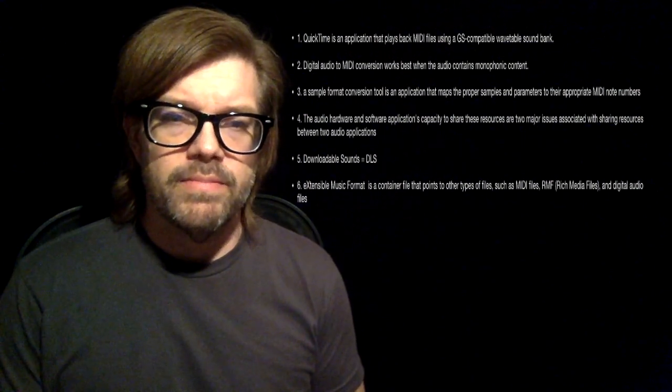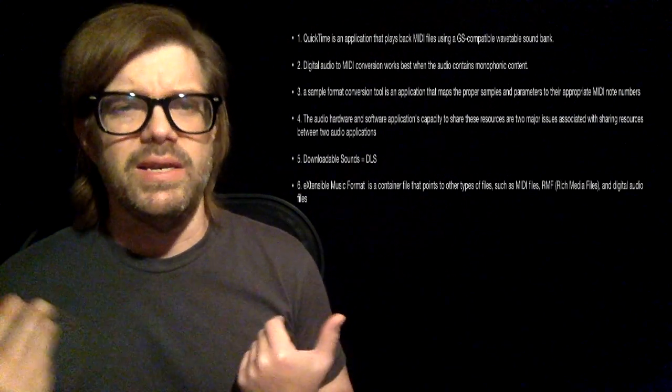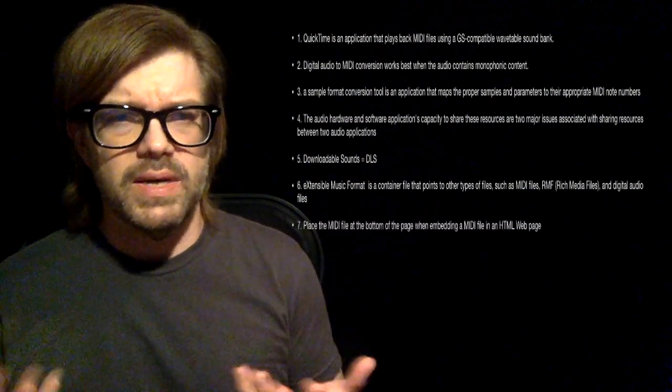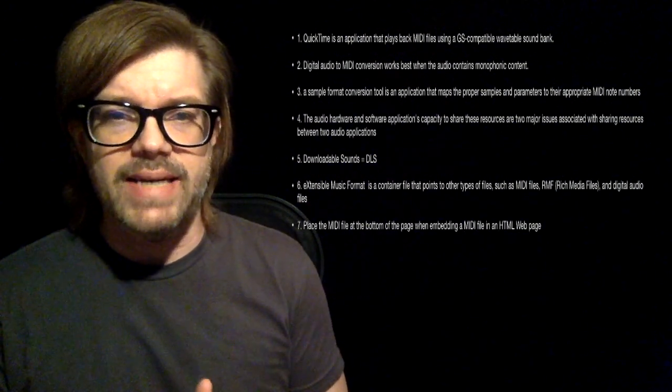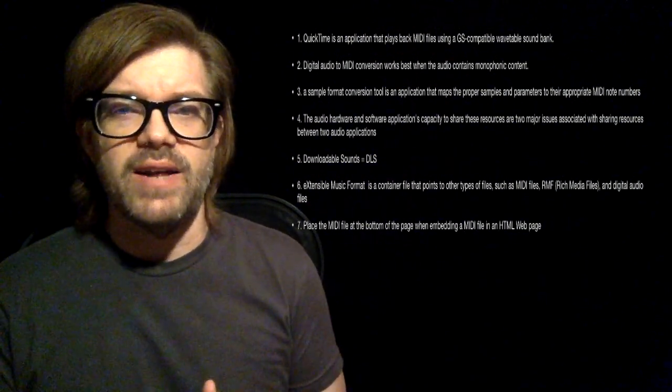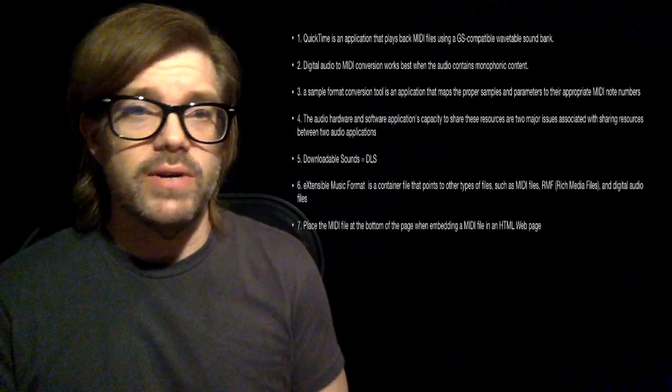Okay, now the next question is about putting MIDI into a web page, and the answer to that is that you place the MIDI file at the bottom of the page when embedding your MIDI file into your HTML website.